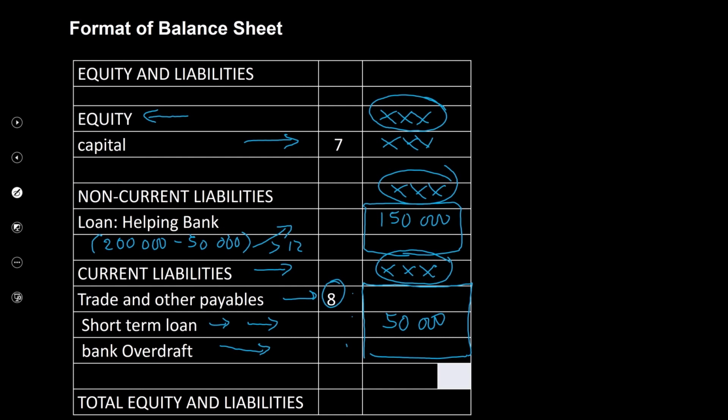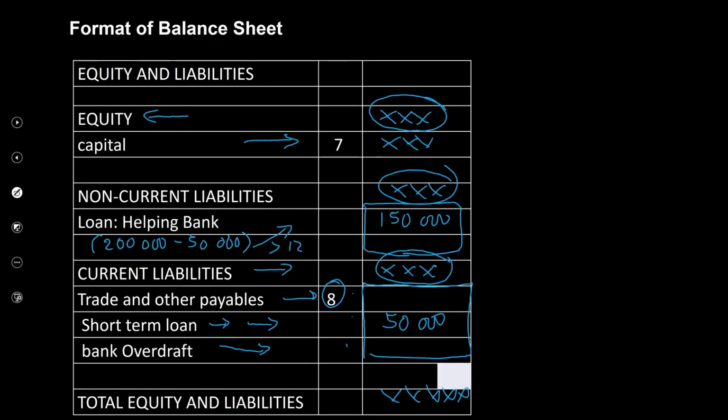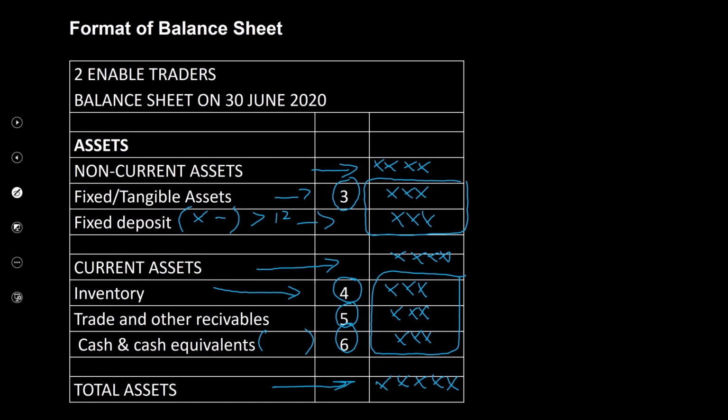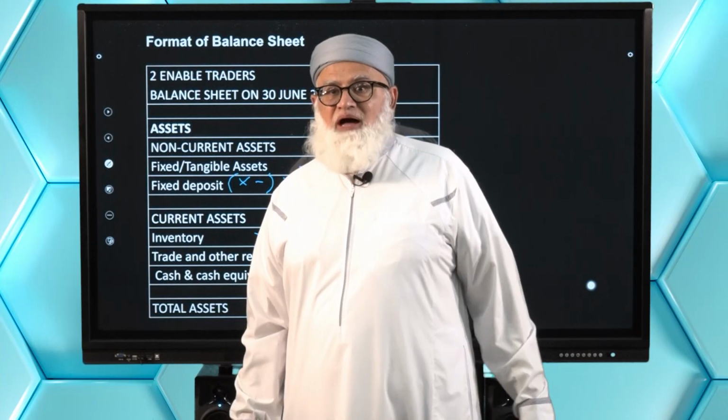Add those three, and that gives you the total of your total equity and liabilities. Now, also remember that this figure you get here for total equity and liabilities has to be the same as your total assets, because the top half of your balance sheet must be equal to the bottom half of your balance sheet.